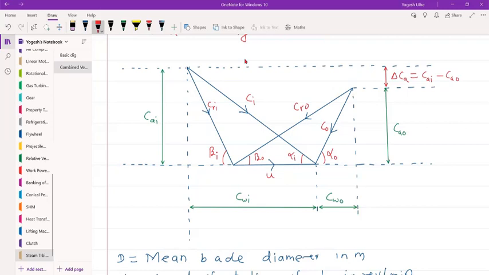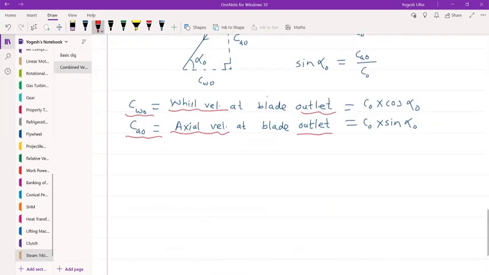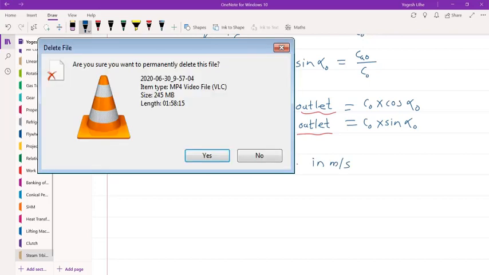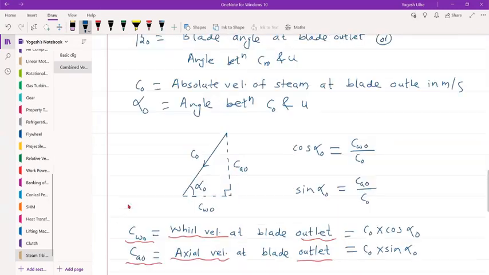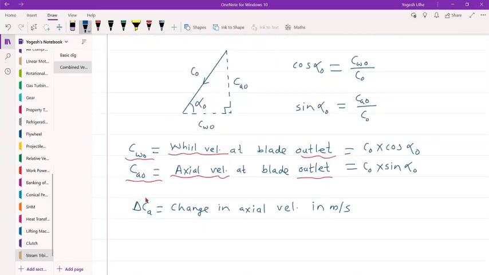Write down what is meant by delta CA: change in axial velocity, in meter per second. Write down this point below the CAO. Delta CA is equal to CAI minus CAO.